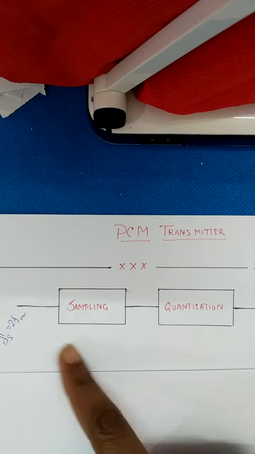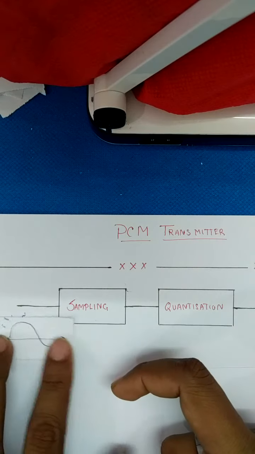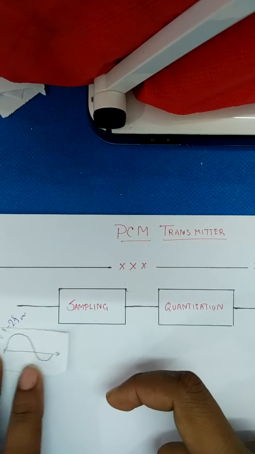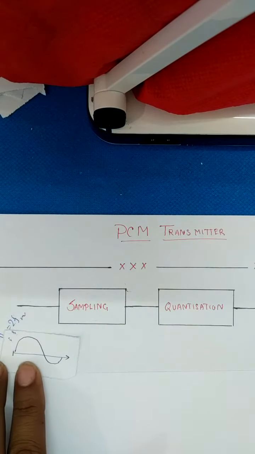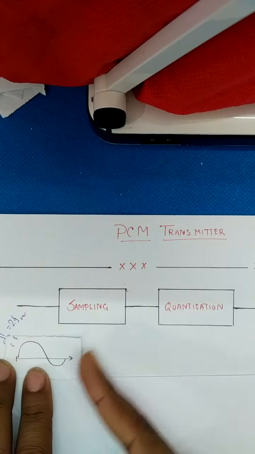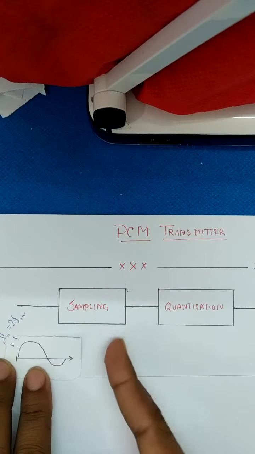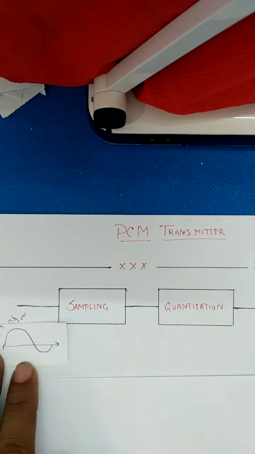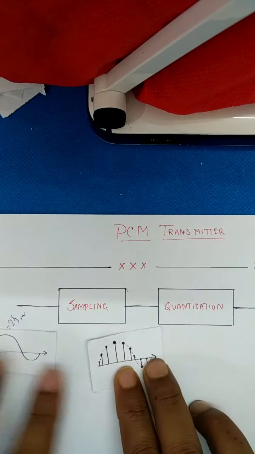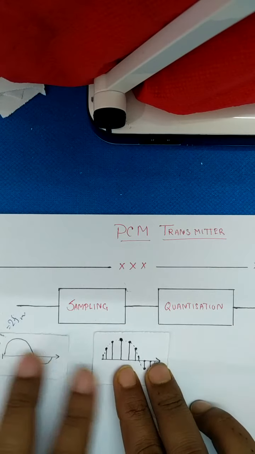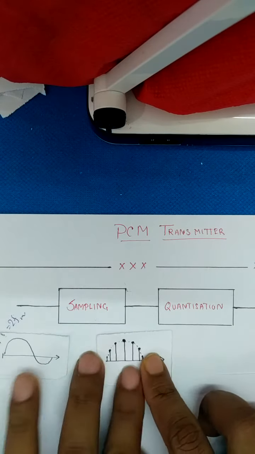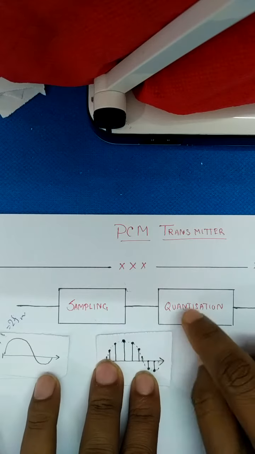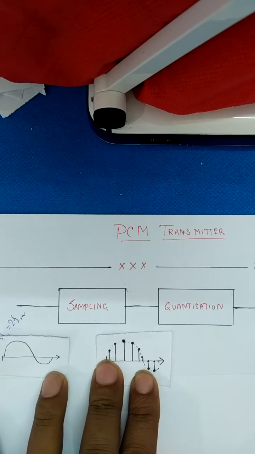At this input we will give a continuous signal, and this has to be sampled and converted into a discrete time signal. So in goes this signal and out comes this discrete time signal, and this discrete time signal is then fed to this quantizer because it needs to be quantized.